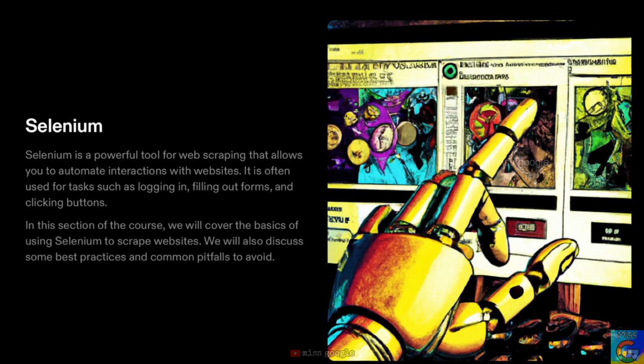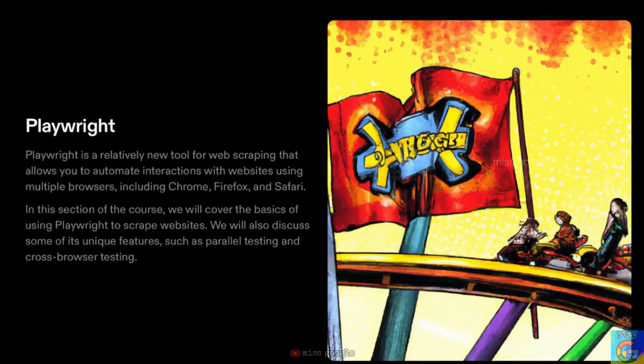So this section of the course will cover the basics of using Selenium to scrape websites, and we'll also discuss some of the best practices and common pitfalls to avoid. Now, each of these topics, I should mention, will come with a project to facilitate better understanding of the methods and attributes.